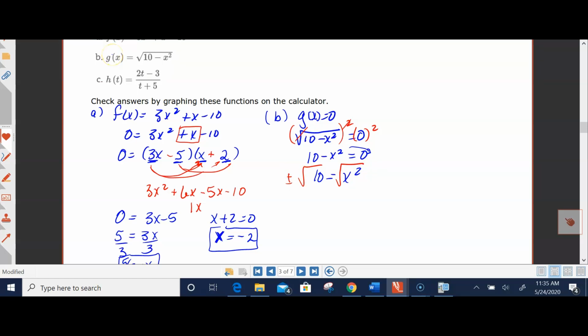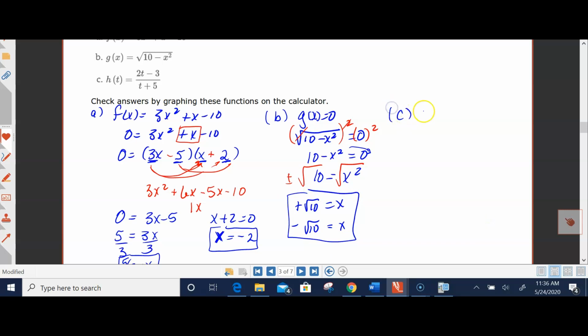So right now, we're just reviewing some ways to solve quadratic equations. How do you know if an equation is quadratic? If it has that square. It means you're going to get 2 answers. We got 2 answers for the last quadratic, and we're going to get 2 answers for this one. One being a plus square root of 10, and one being a minus square root of 10. Those are our 2 zeros.